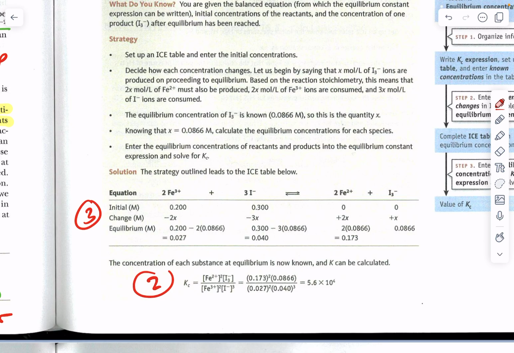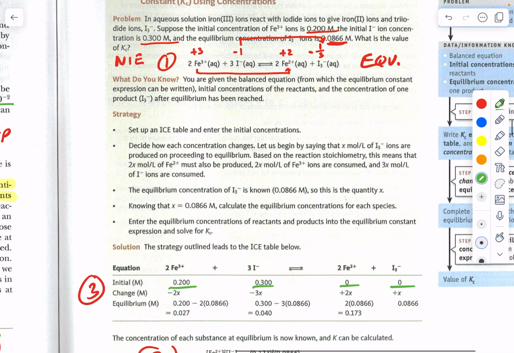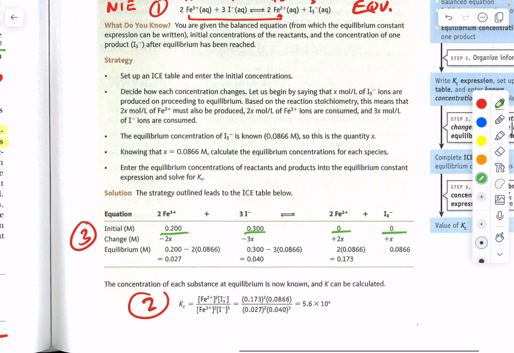And so what I'm given, let's underline it. So I'm given this, given that, given that, given that, and double check. This is 0.0866, we're given that. So once we know what we're given, we can calculate what we're missing.